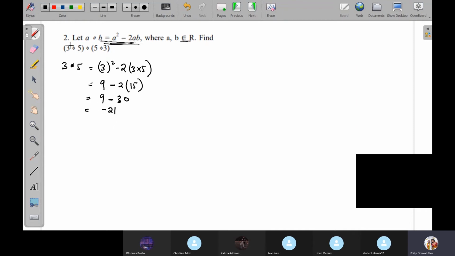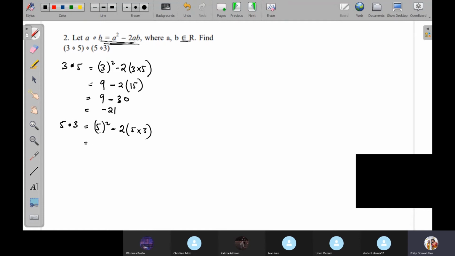So we've operated in the first parenthesis. Now we go to the other one, which is 5.3. Using the same rule, this time the a value is 5, so 5 all squared minus 2 times 5 times 3, because the b value is 3.